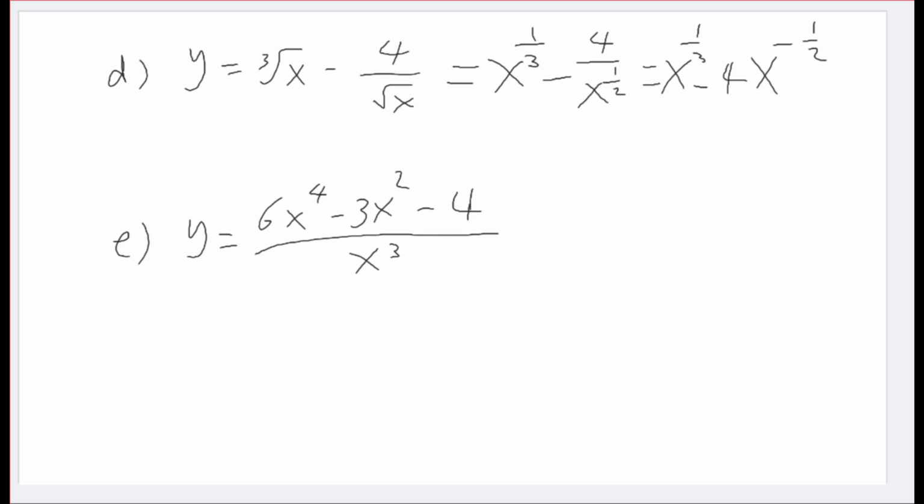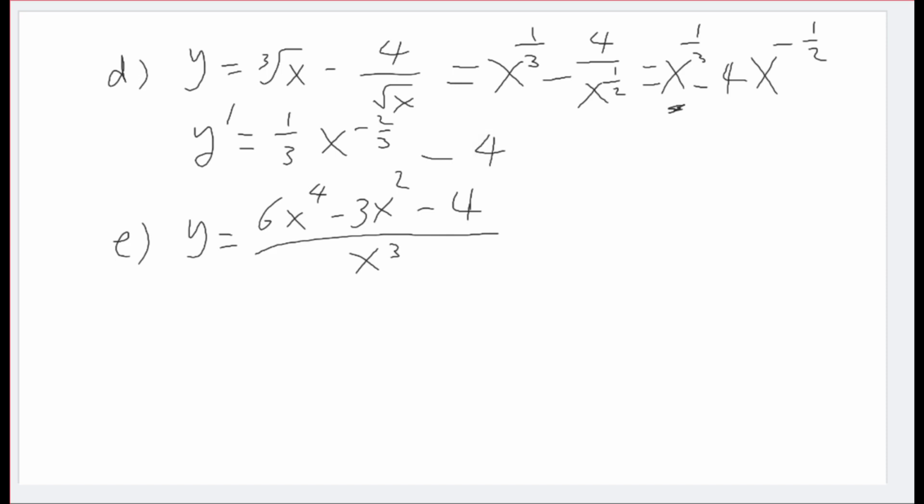Now it's ready. So we're going to start a new line and say y prime is, now the first term, the power, so bring the 1/3 down and subtract the power by 1. 1/3 minus 1 is negative 2/3. Second term, 4 is a constant factor.